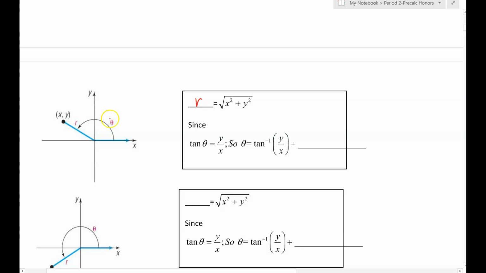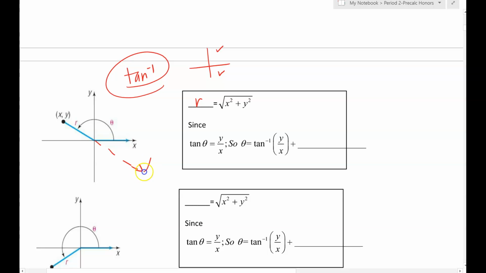But guys, this theta is in quad 2. When you use tangent inverse to solve, it's limited to quad 1 and quad 4. In quad 2, tangent is negative, so we have to make sure we bring it back to quad 2. When you punch it into the calculator and it's negative, it's telling you you're in quad 4, but my answer is supposed to be in quad 2.